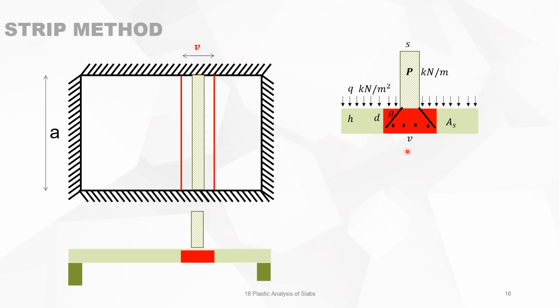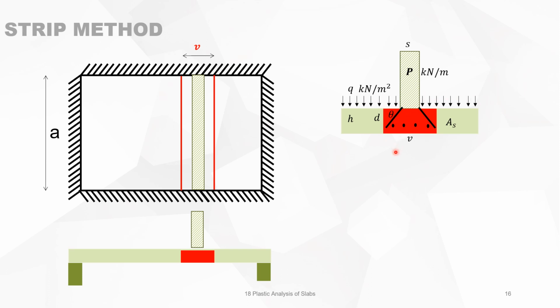The loads on that beam are of course the own weight, then the line load P in kilonewton per meter, and the variable load or the total load of the slab in kilonewton per square meter, left and right of the line load.